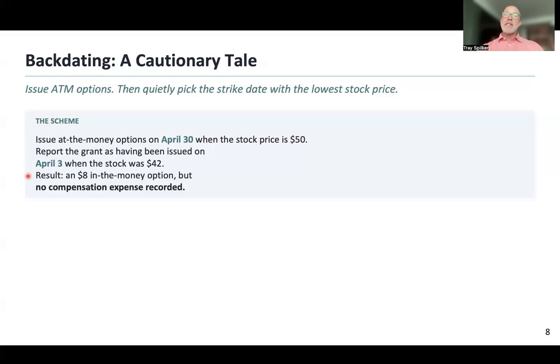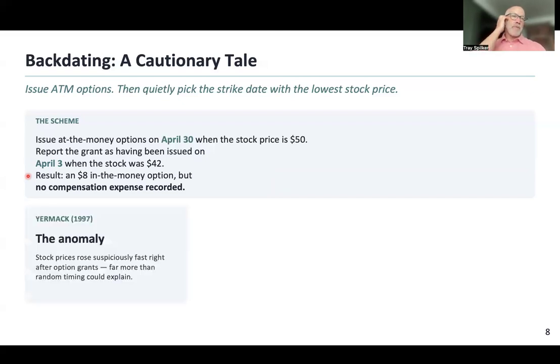This is an example where academics actually discovered the fraud, the great accounting fraud of the early 2000s, and not the regulators. The first paper to really take a look at this was David Yermack in 97, where he found that stock prices rose pretty precipitously right after the options are granted.